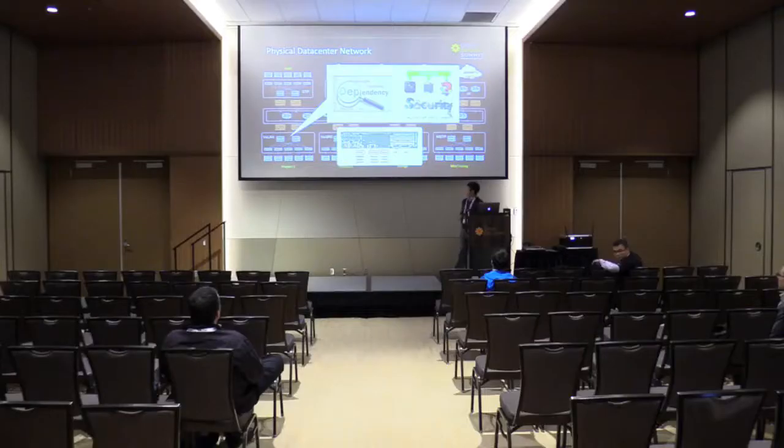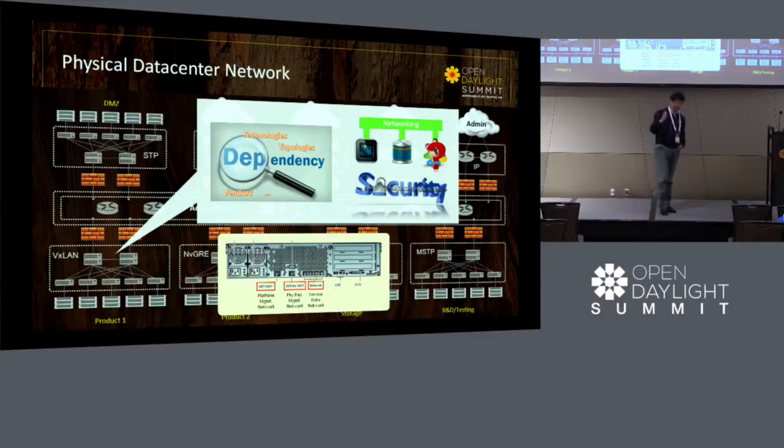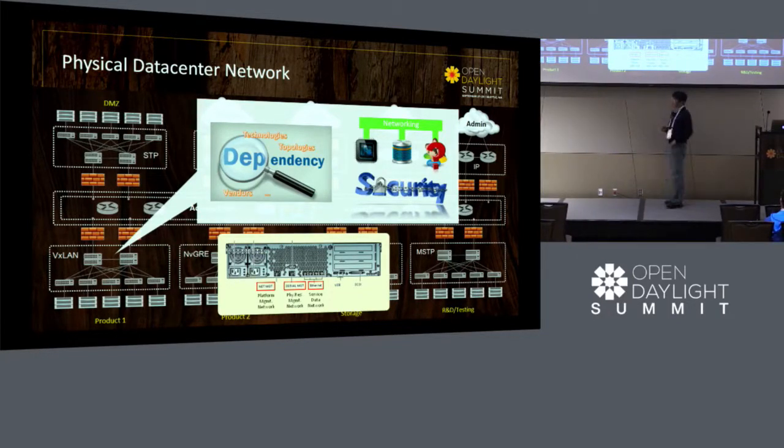Also, even in one physical server, there are different ports, and each port has a different security level. For example, this is a typical physical server. We have the console port. This is the highest priority port, used to control the physical server.